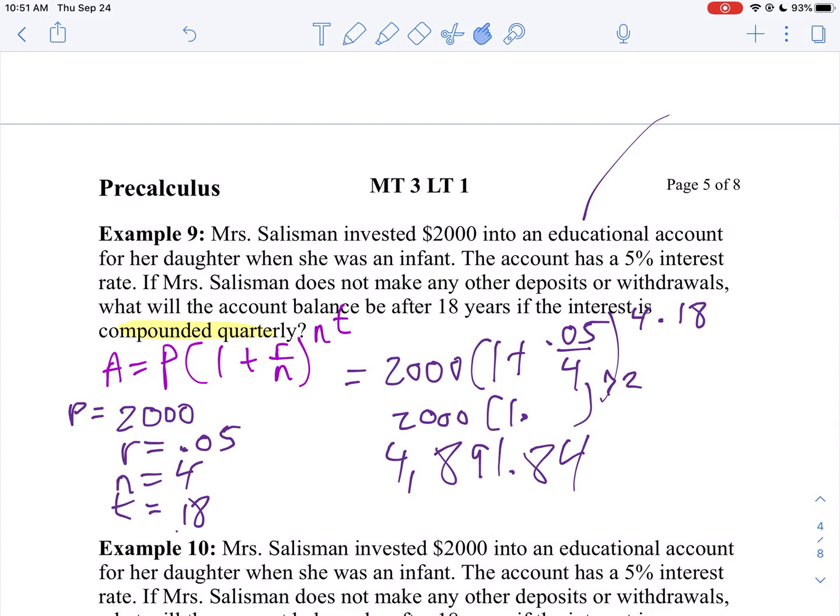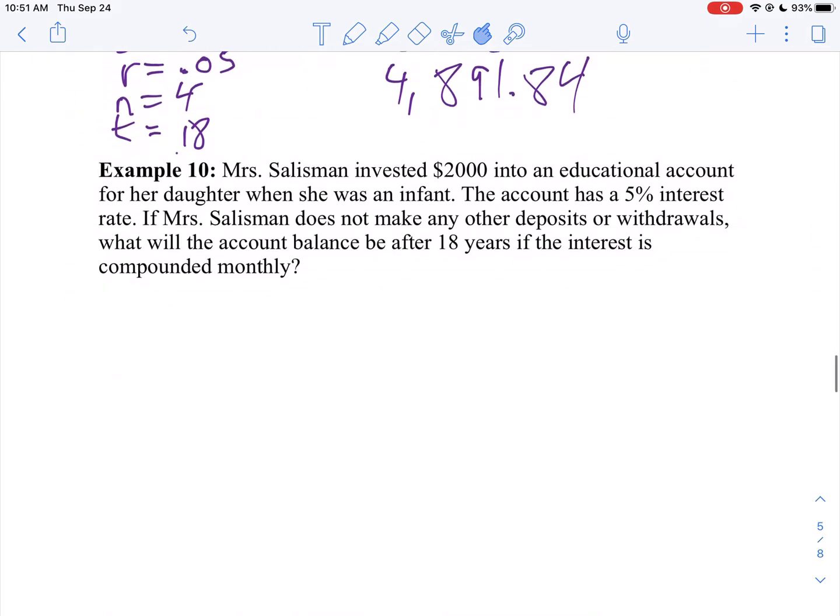Now let's take a look at example 10. Same thing. The only difference is we're going to compound it monthly this time. So let me write down the formula. A equals P times 1 plus R over N raised to the NT power.